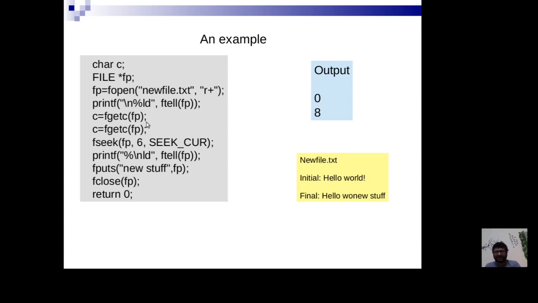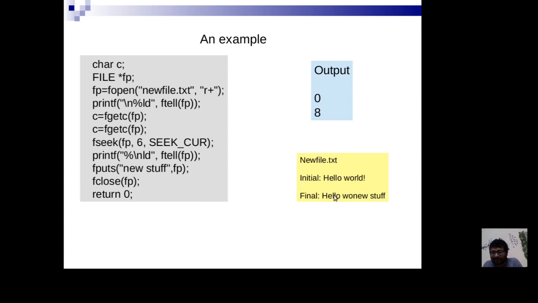After this fseek, we saw that the current position is 8. Then fputs now writes "new stuff".